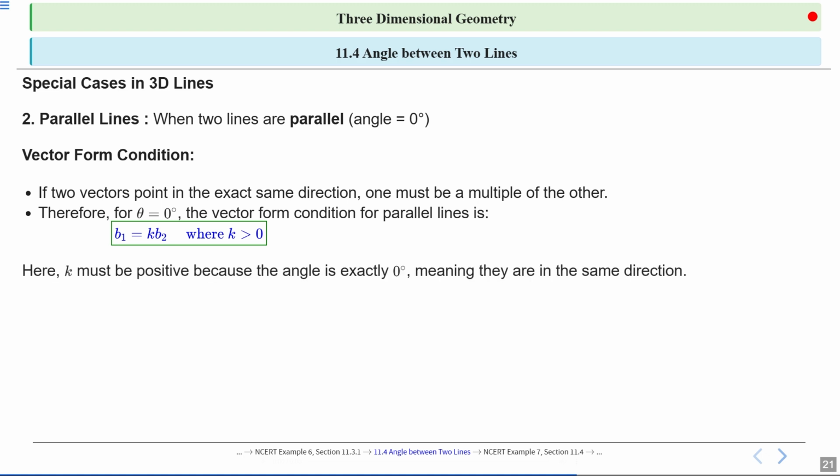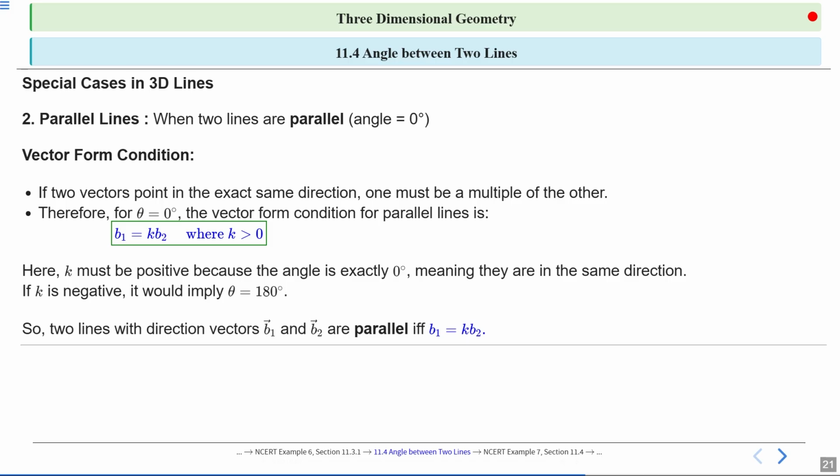Here k must be positive because the angle is exactly 0 degrees, meaning they are in the same direction. If k is negative, it would imply theta is 180 degrees. So two lines with direction vectors b1 and b2 are parallel if and only if b1 equals k times b2.